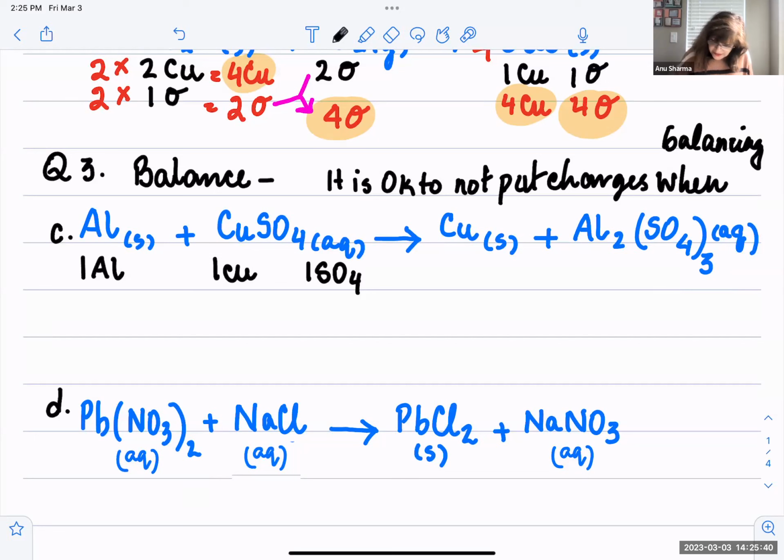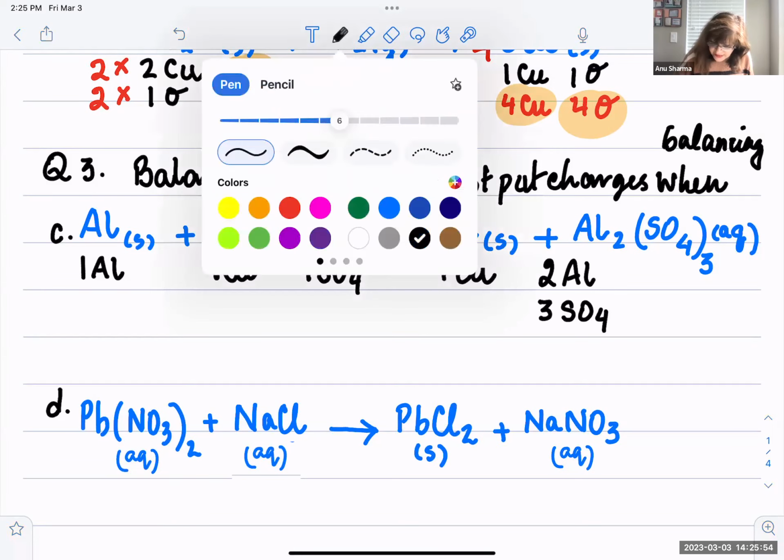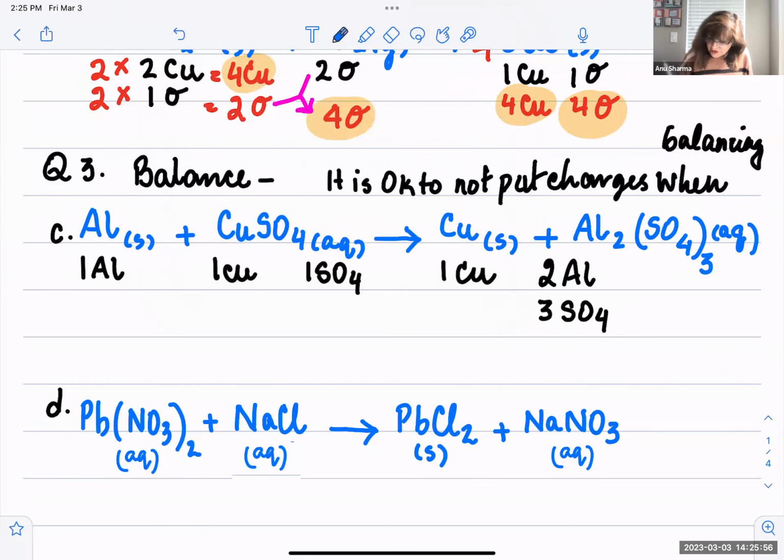Okay, now here you have 1 copper and you have 2 aluminums and you have 3 sulfates, SO4. Ideally, like I said, there should be a charge, but you're still learning, so right now it's okay. We should just look at it: there are 3 sulfates on one side, 1 sulfate on the other. Copper is 1 and aluminum is 2. So there are 2 aluminums and 3 sulfates.